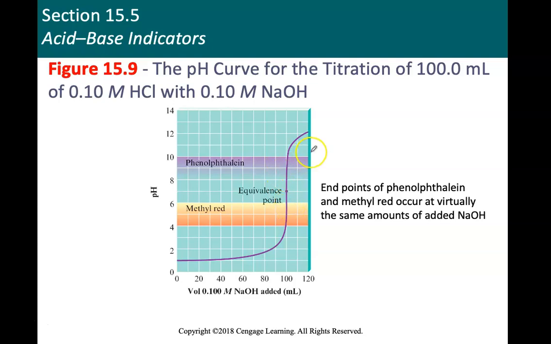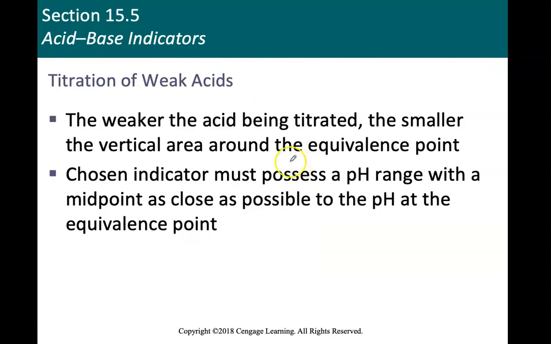And that's why you have quite a broad selection of indicators that you can use. But when you come to a weak acid, the vertical area is a lot narrower. So your choice of indicator has got to be really very specific and unique to that region.